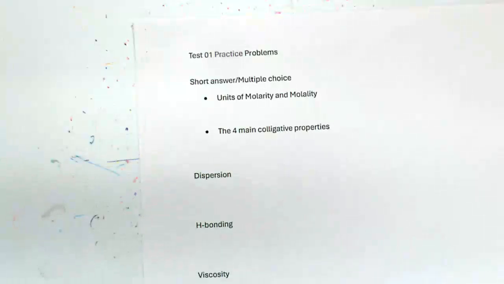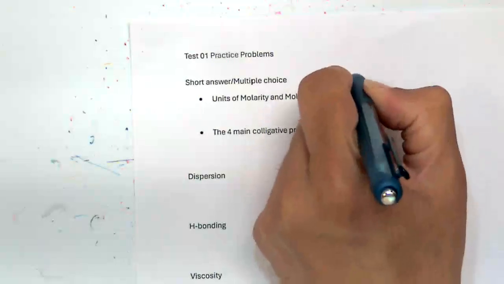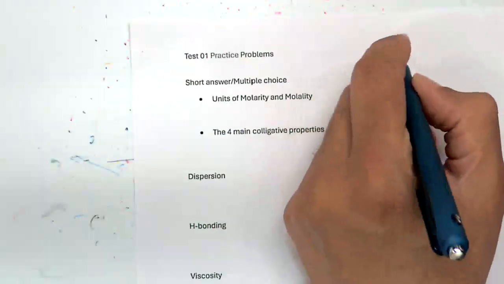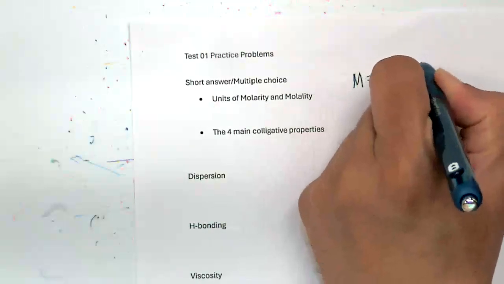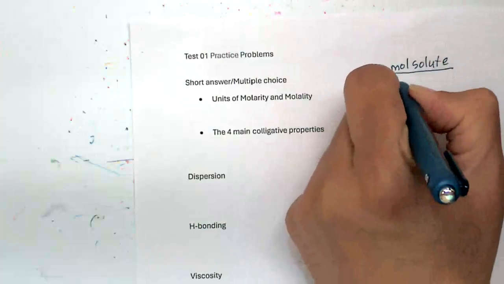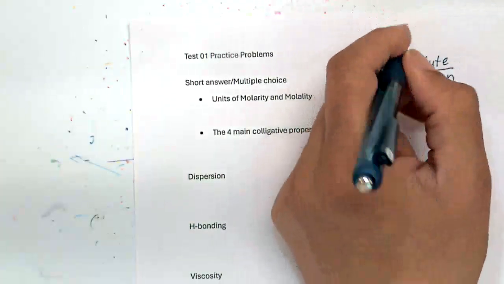I think we've gone over this several times, so make sure on the exam you know what molarity is. So what is molarity? Moles of what over what? Moles of solute over liters of solution. Very good. This is called molar.